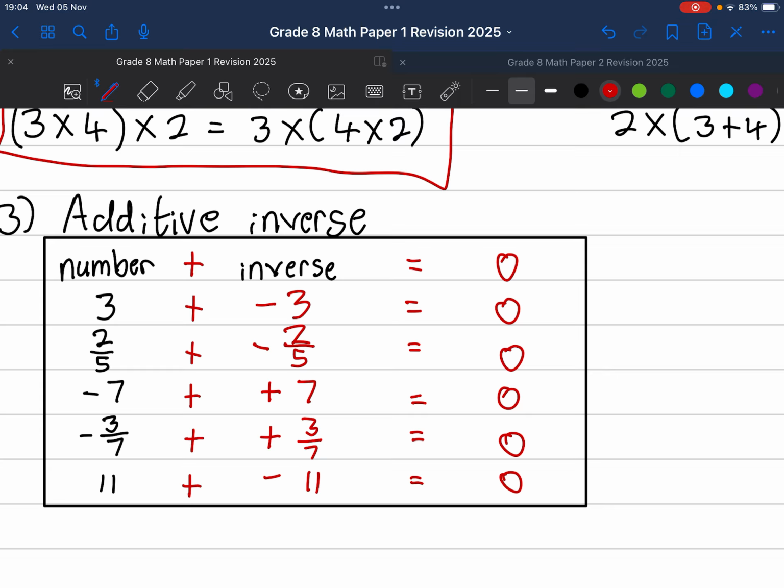Where it was positive, we made it negative. When it was negative, we made it positive, and positive to negative. And that would be our additive inverse. So for additive inverse, all you have to do is change the sign, and that will be your additive inverse.